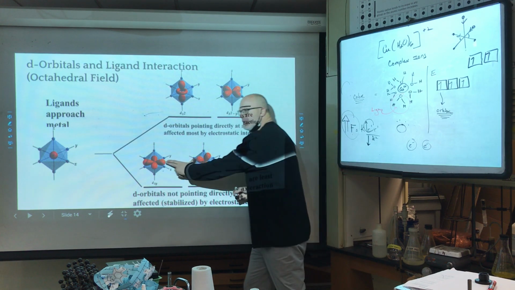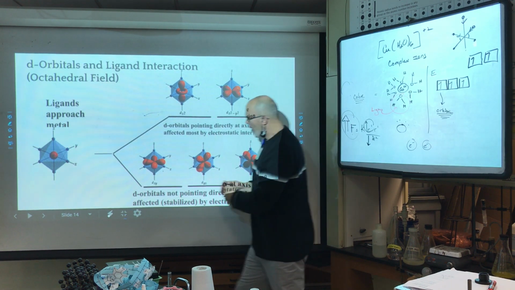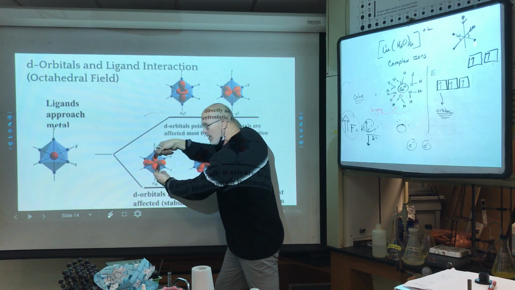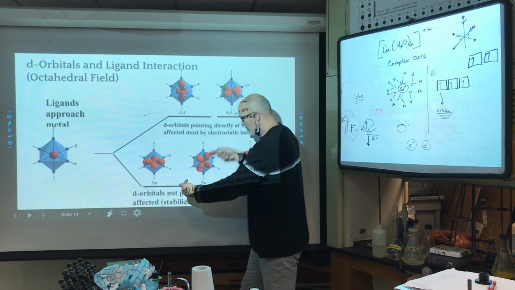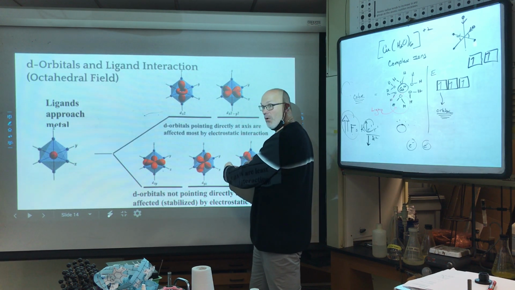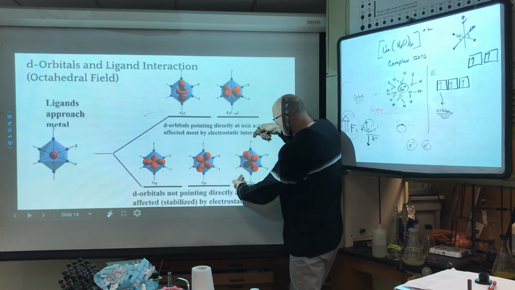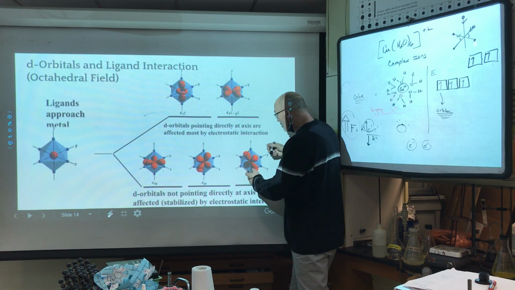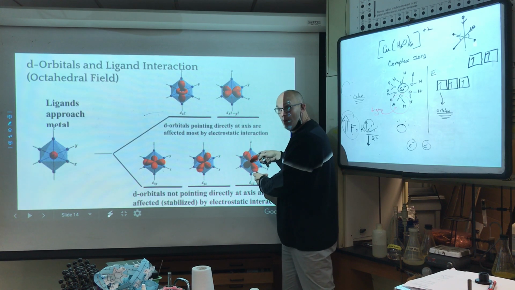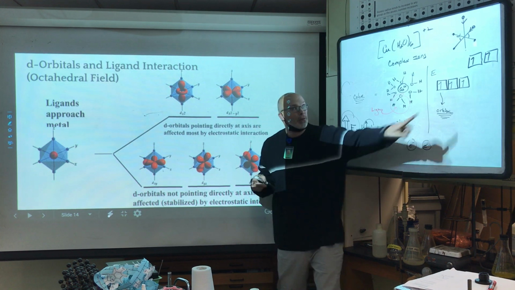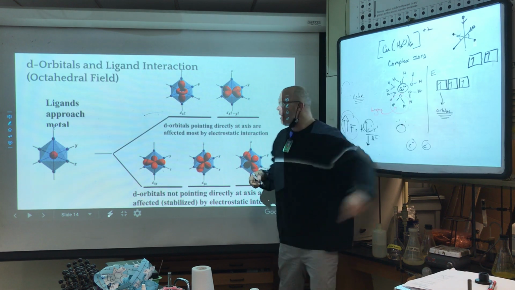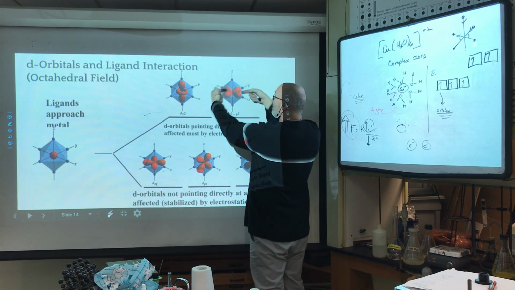Well, why don't these guys go up? Well, these guys are going in between the orbitals. I know you don't see it with the boxes here, but they're being pulled in, but they're not going in where the electrons are for that particular shape, that particular orbital. Here they're competing for the same space.